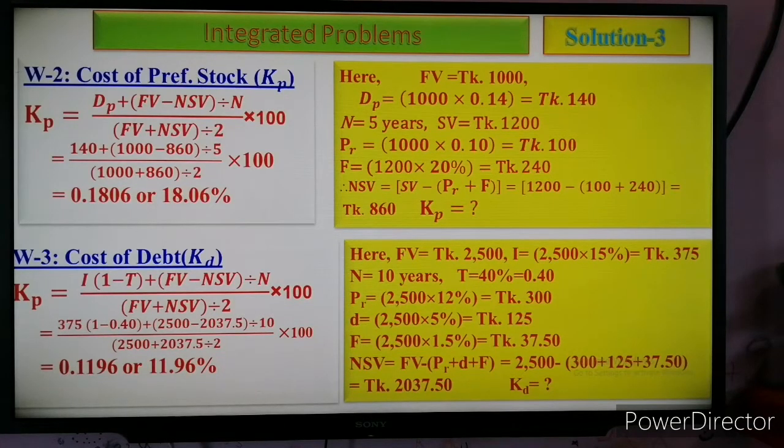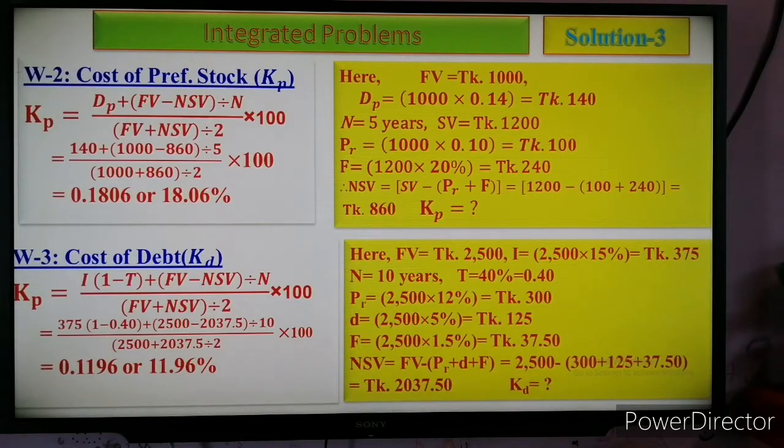FB equals 2500, and as you know, coupon rate is 15%, so I will be taka 375. N, number of years, is 10 years, tax rate is 40% given in the question, and there is also premium on redemption, so it will be PR, 2500 multiplied by 12%, that is 300. But currently the debenture was issued at a discount of 5%, so 2500 multiplied by 5% equals 125.